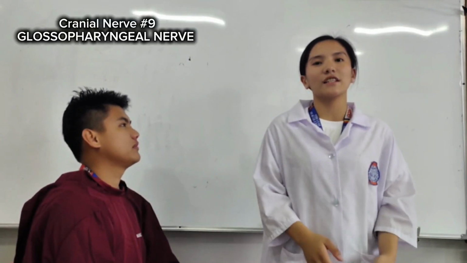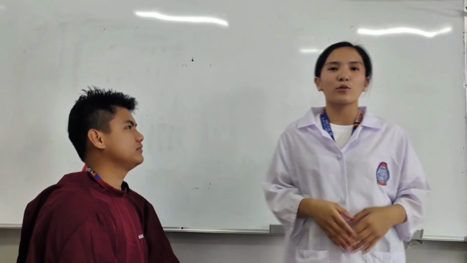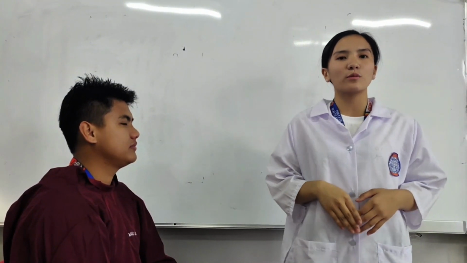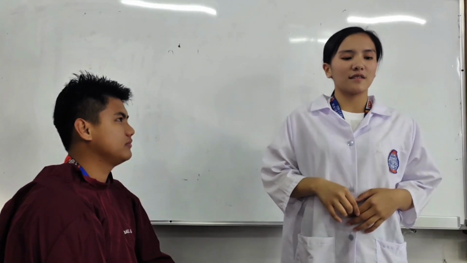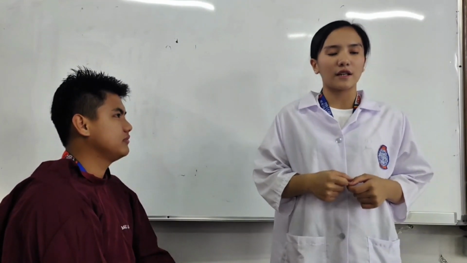So next, we have cranial nerve number 9, the glossopharyngeal nerve. The function is sensation to the posterior tongue and pharynx, the posterior one third of the tongue, and swallowing. For our clinical test, we evaluate the gag reflex and observe the patient's ability to swallow. We ask the patient to say "ah" and observe the uvula for midline elevation.